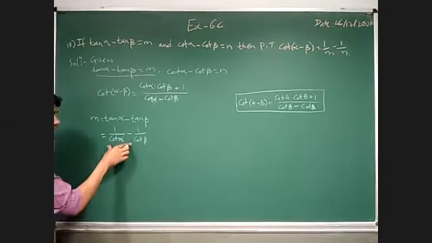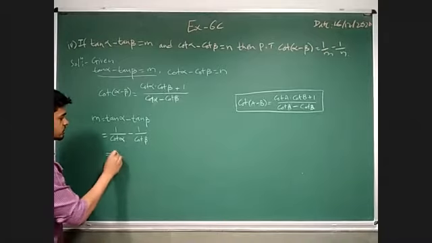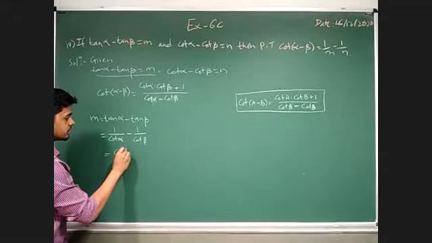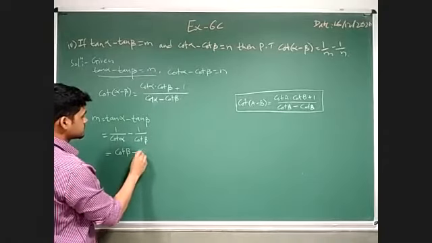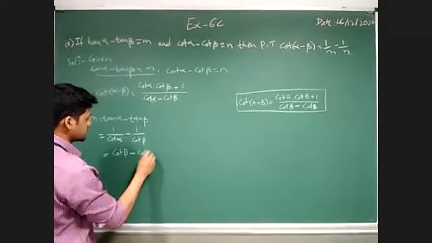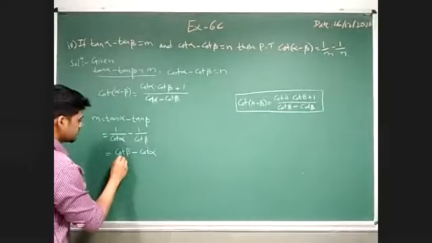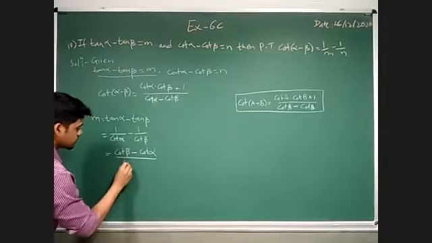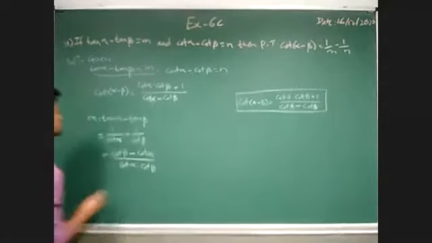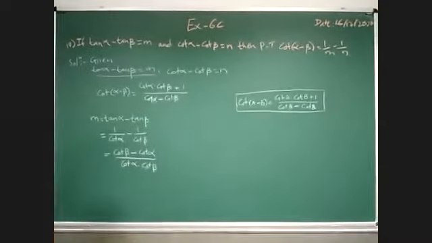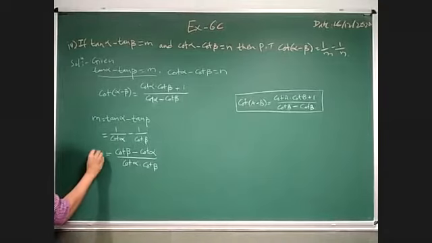Now just take the LCM here. So you will find cot beta minus cot alpha, divided by cot alpha into cot beta. Okay, so here this is m.